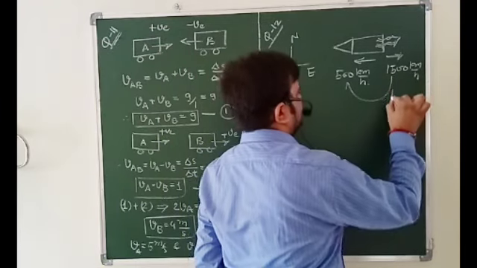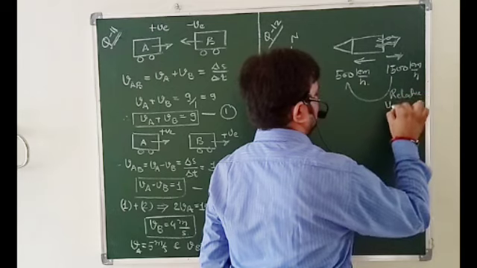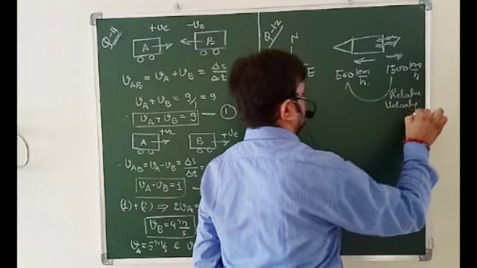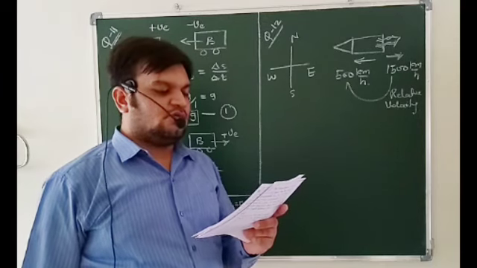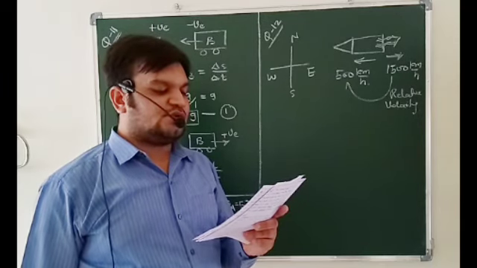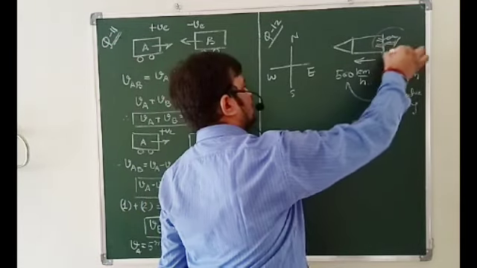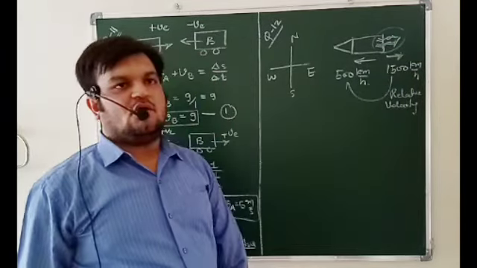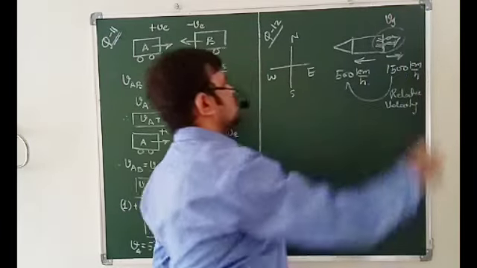So it is a relative velocity. Now we have to find the velocity of the gases with respect to an observer on the ground. That means we have to find the absolute velocity of the gases, that is Vg.